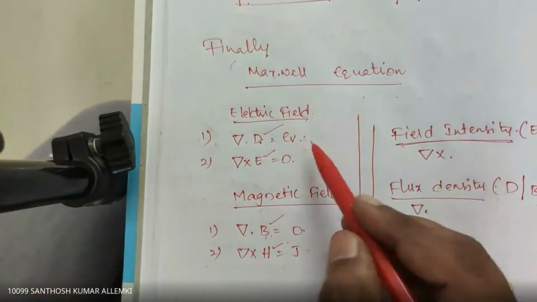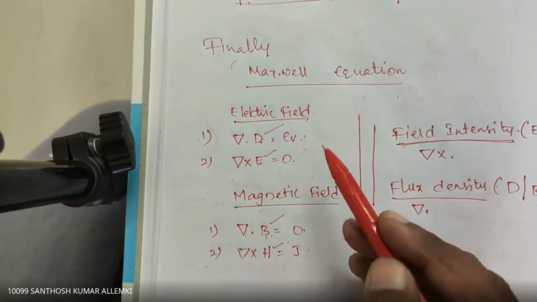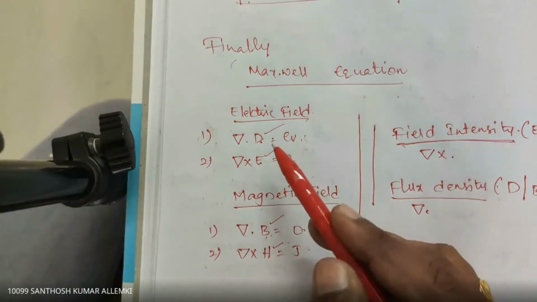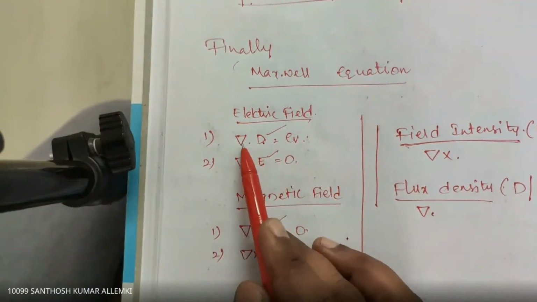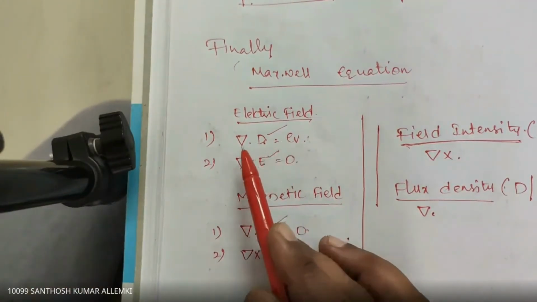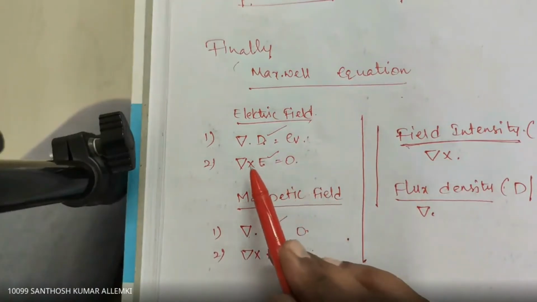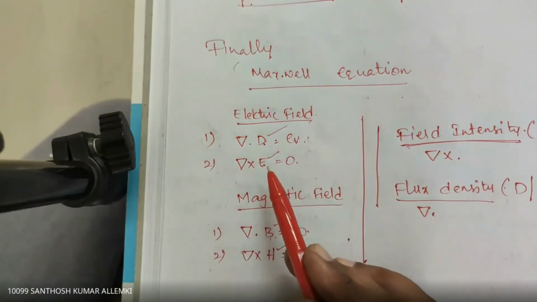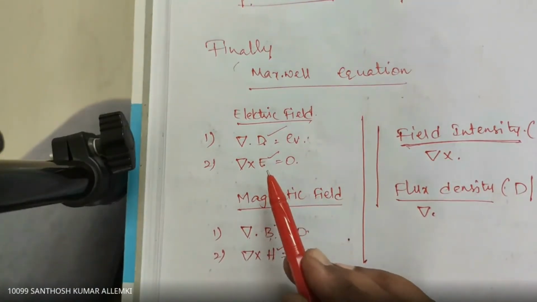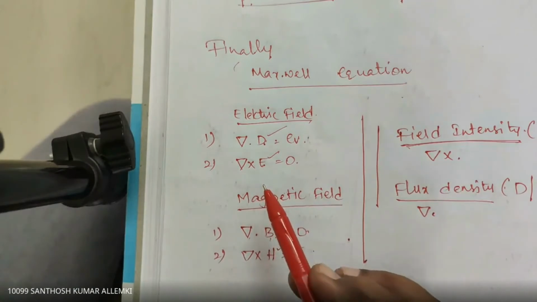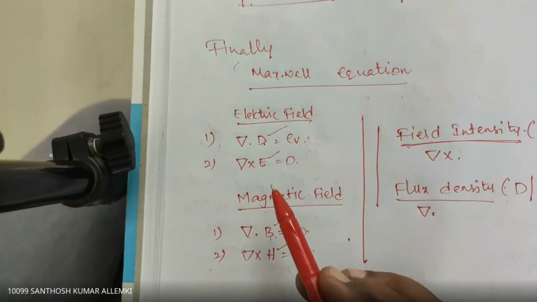To avoid the confusion, most of the students get confused right here, del dot D or del cross D. Instead of del cross E, most will write del dot E. There is a difference between dot product and cross product.